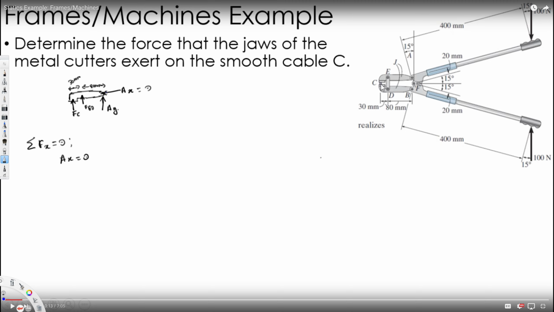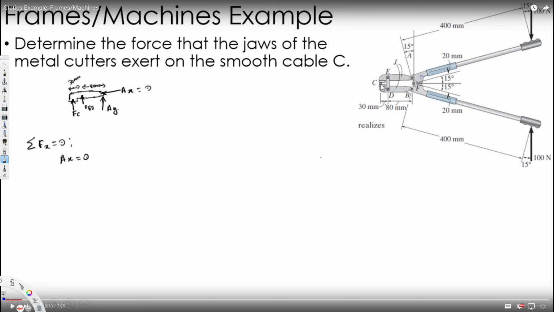Because we can't take moment around, or we can't take vertical components because we have three unknowns. So in this case, AY is shared with this component right here, so I can take this component and try to figure out AY. Let's see how we can.